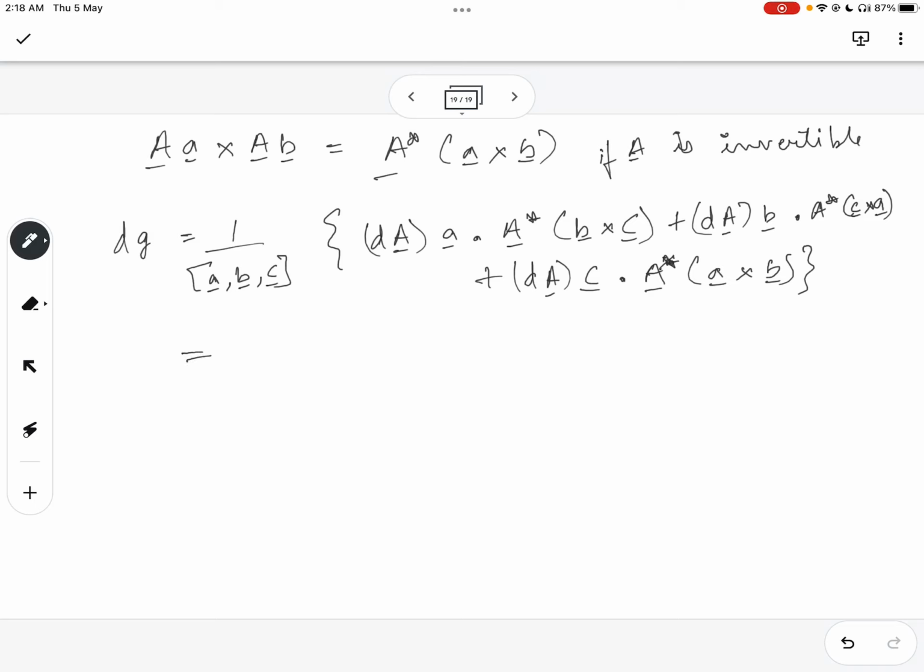This cofactor can be taken to the other side as a transpose. This becomes a, b, c, A star transpose dA acting on a dotted with b cross c.